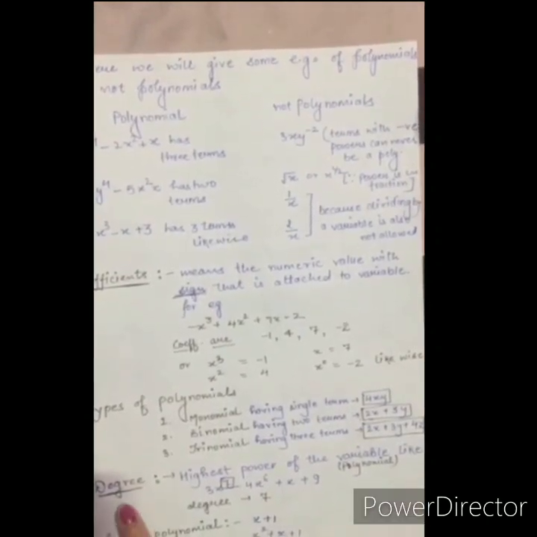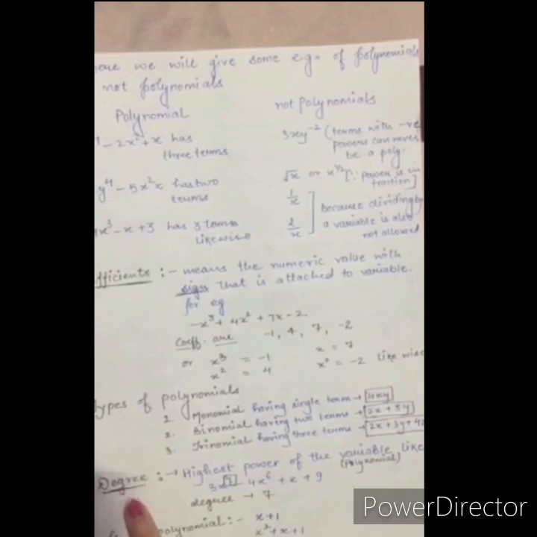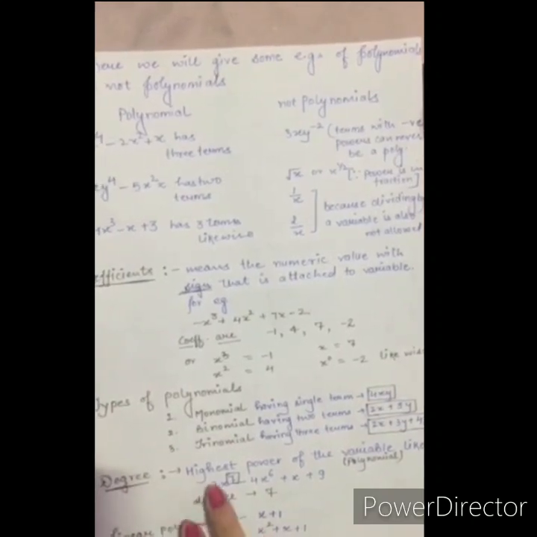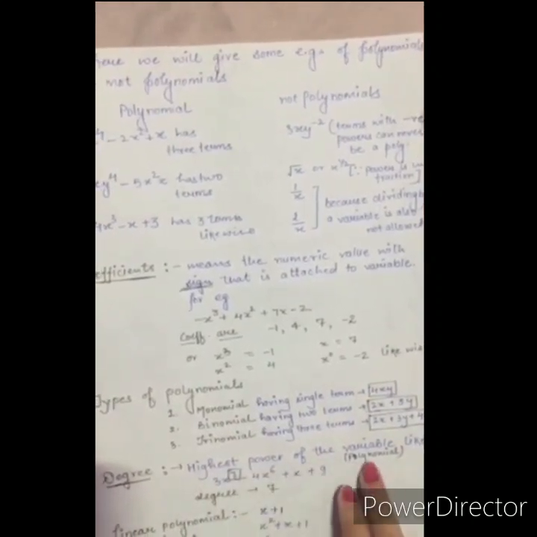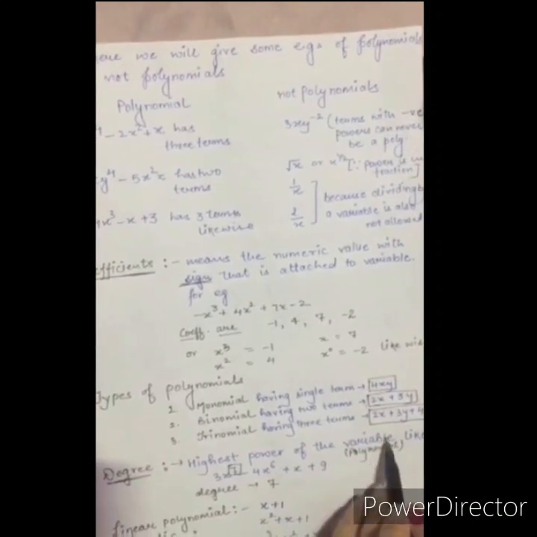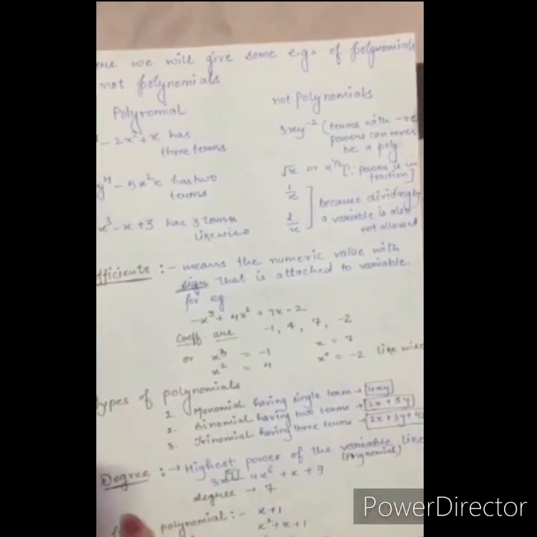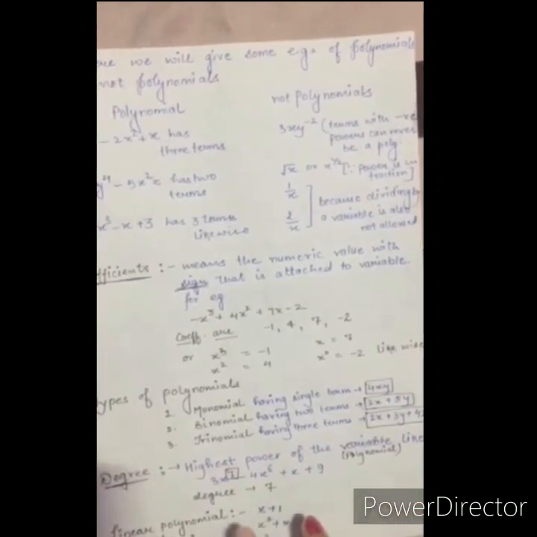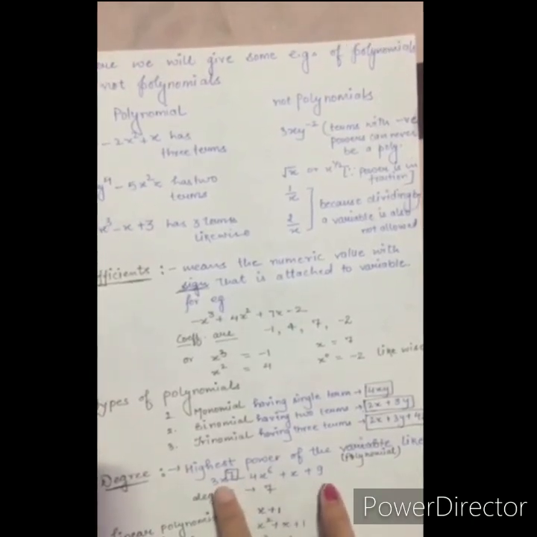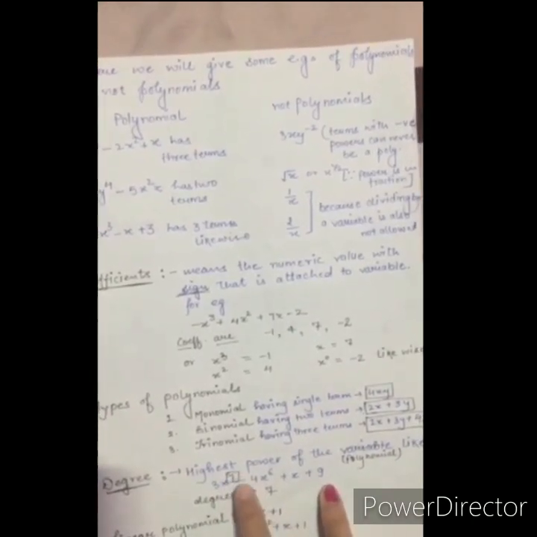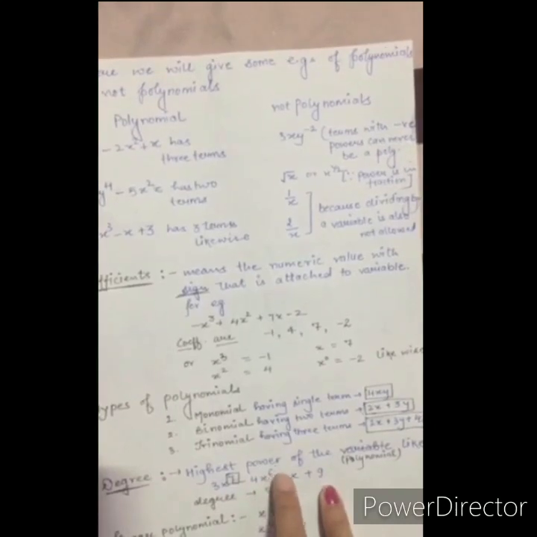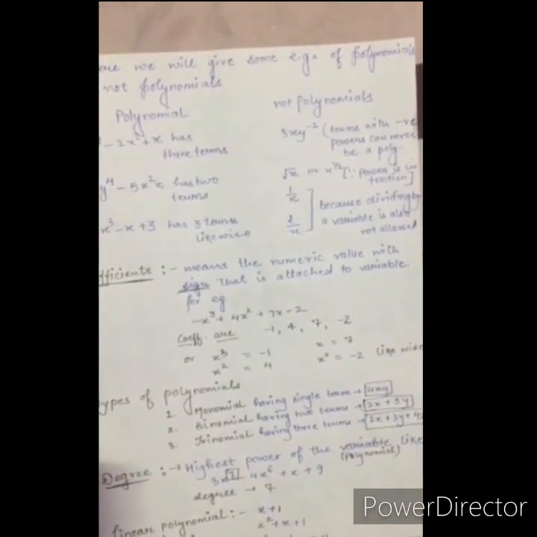Now the next topic we will discuss is degree. What is degree? Degree means the highest power of the polynomial. Likewise, we have taken another example: 3x⁷ - 4x⁶ + x + 9.